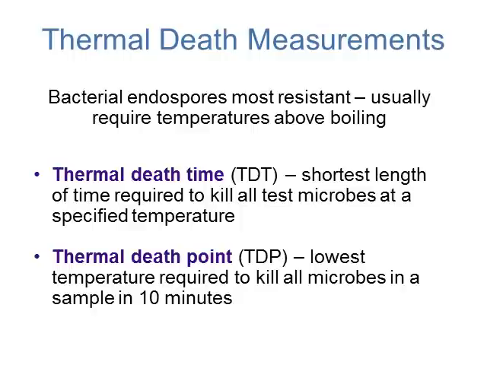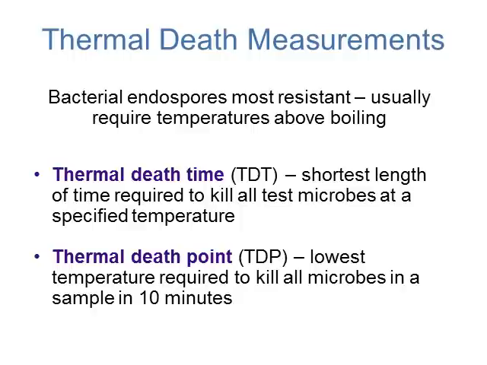This is the shortest amount of time required to kill all the test microbes at a specific temperature. You would pick a specific temperature, let's say 100 degrees Celsius, and then figure out how long it takes to kill all the microorganisms at 100 degrees Celsius. That's the thermal death time. So it's based on time.